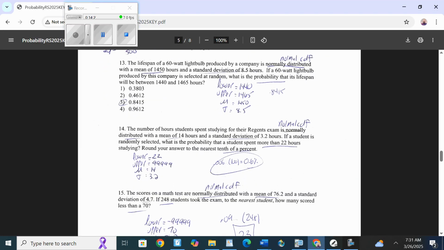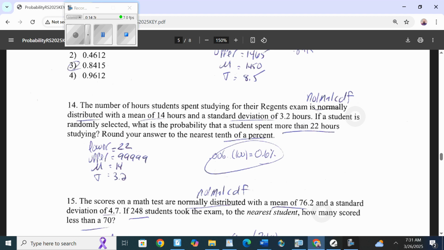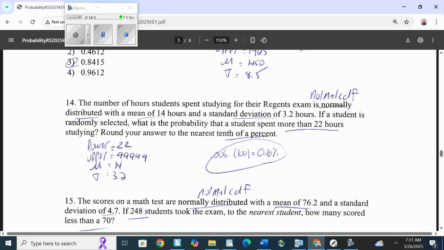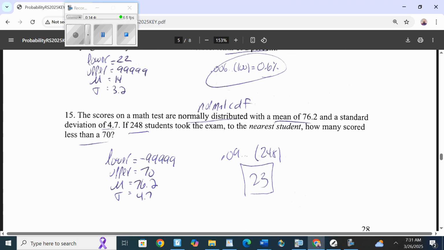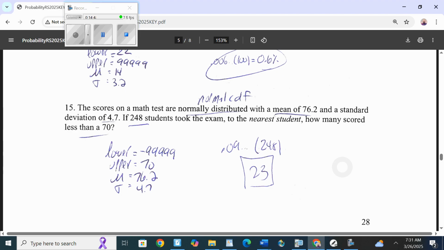We see in number 14, I did my lower upper mu sigma. When we see more than, my upper is 9,999, and my lower is that value. It asks for a percent, so I multiply by 100. And in number 15, it said less than a 70, so my lower is negative infinity, negative 9,999. My upper is that value. Once I got my decimal, because it's asking for how many, I multiply by my total quantity, which was 248.